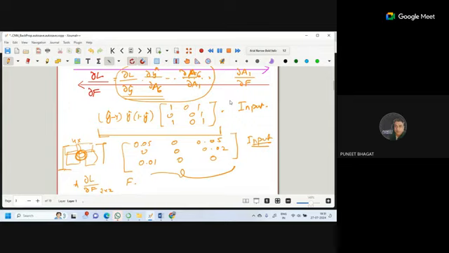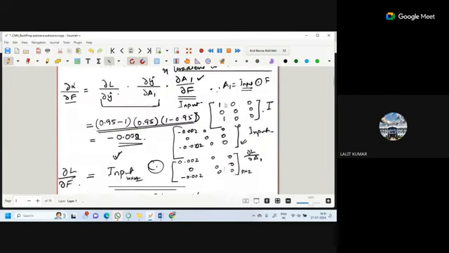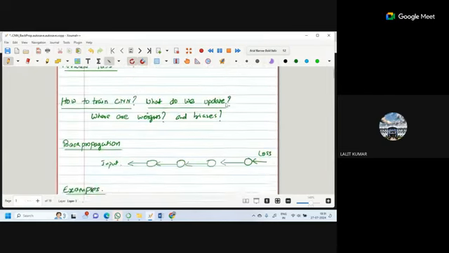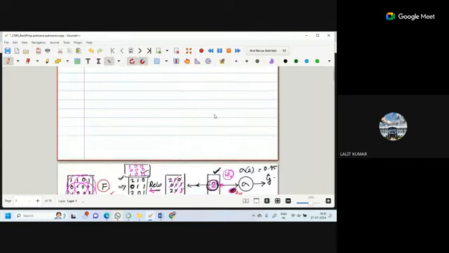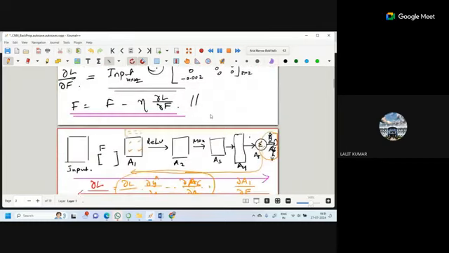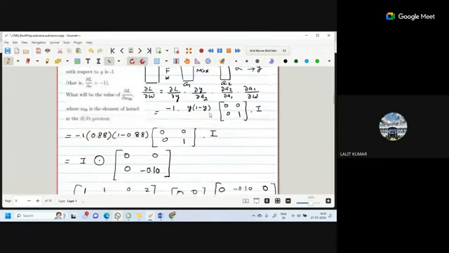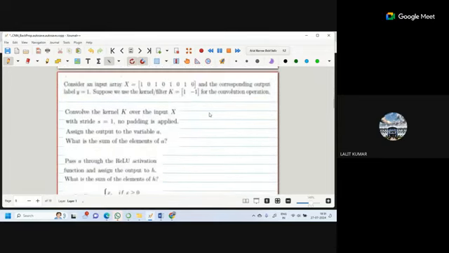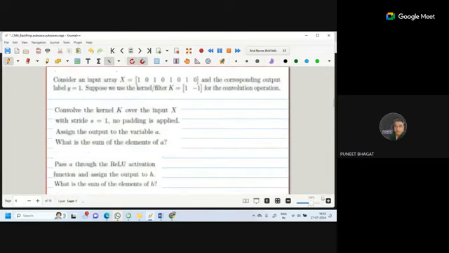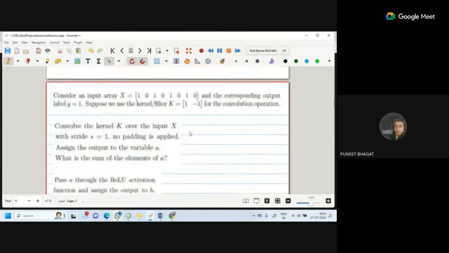Okay. With this concept, let's take a very simple example from your PYQs. I will encourage everyone to use the concept and try to solve this question. It is a very easy question. Is it visible to everyone? This is the backpropagation handout that Bhavya shared yesterday.